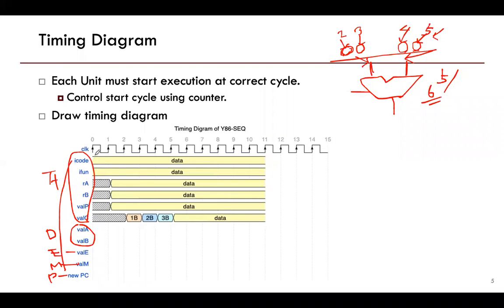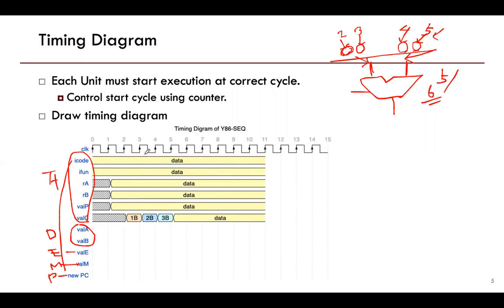Then for each cycle, on top of this diagram, we have a timing clock signal, and you should draw from which cycle to which cycle each wire or line will store the valid data, here in yellow color.